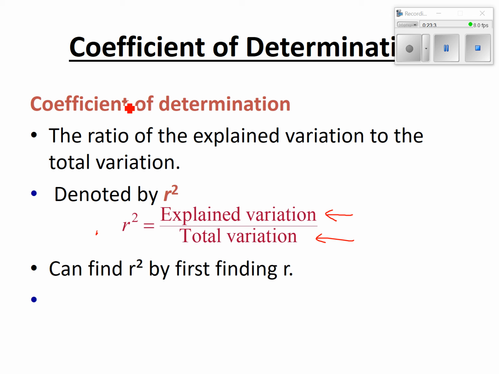We probably wouldn't do this, but we could take the explained variation that we found in that chart, put it over the total variation, and that's going to tell us what r squared is. Again, if we put all the stuff into lists on our calculator, it's going to automatically tell us what r squared, what our coefficient of determination is.